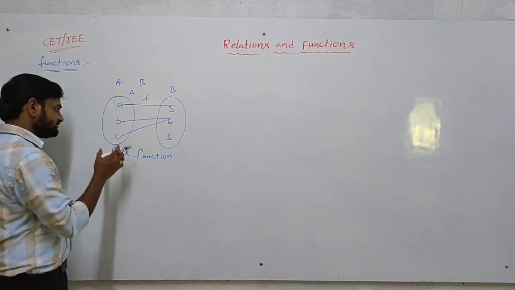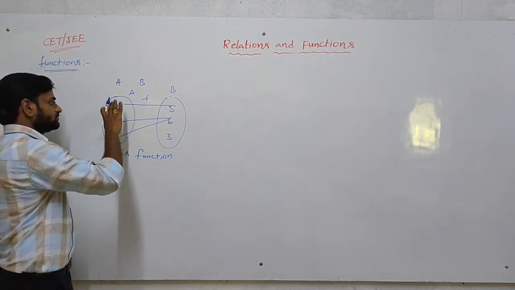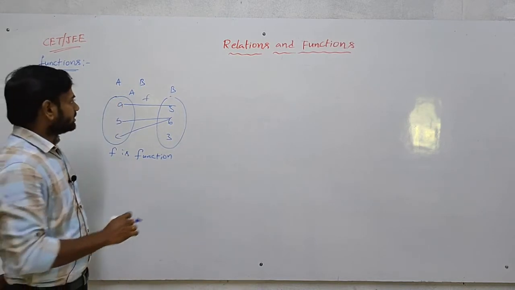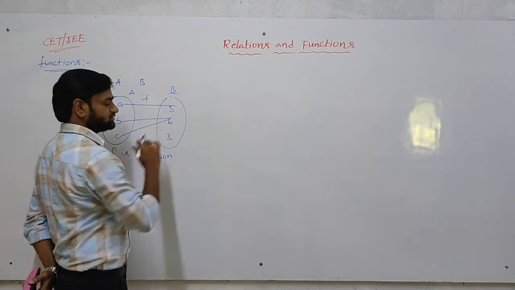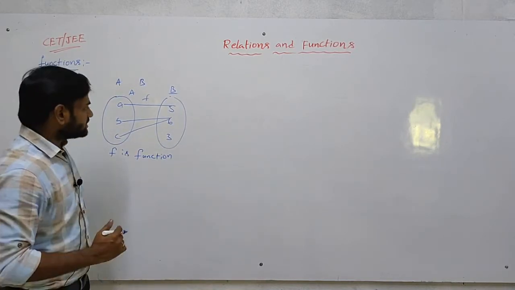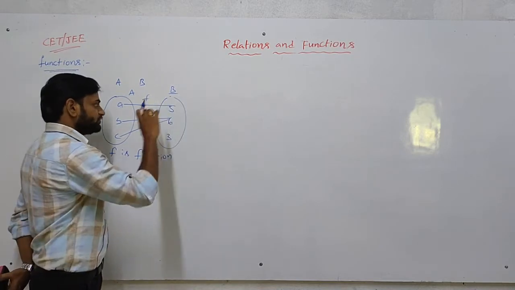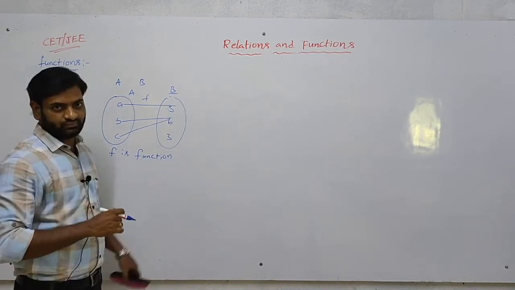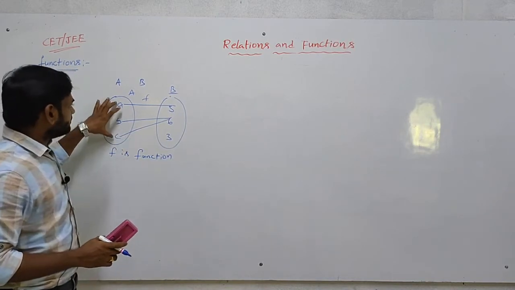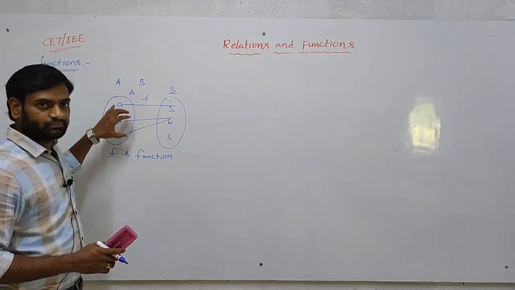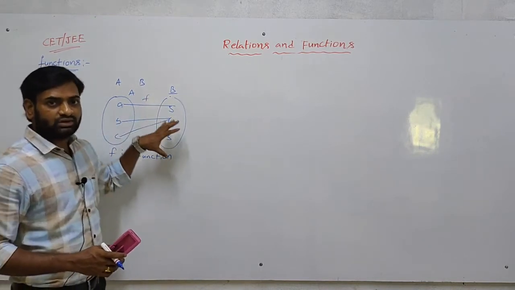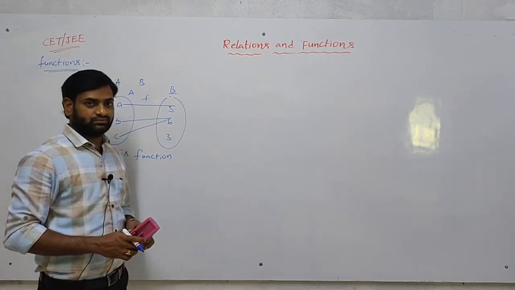When we say F is a function, the first set of elements is called the domain, and the entire set B, the whole set B, is called the codomain. And the set of elements in B which are related to elements of A is called the range.